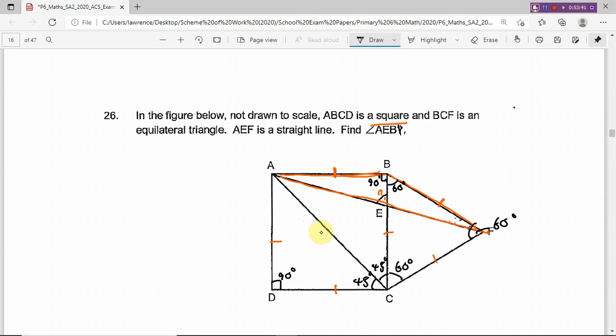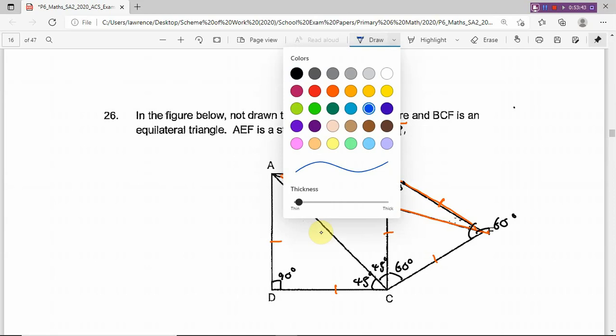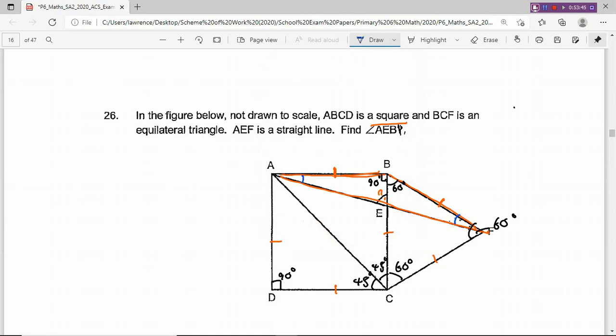Can I find each of these angles inside the isosceles triangle? Yes, I take 180 minus 90 minus 60, I get 30, and then 30 divide by 2, I get 15. So this is 15 and 15, right? And can I find the question mark? Yes, I can, because there is a right angle triangle.